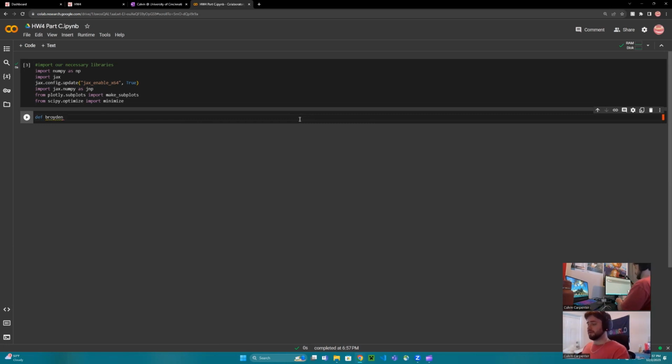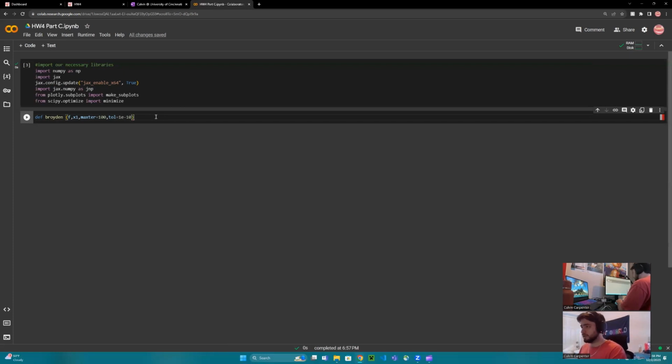Then we're going to define our Broyden function. Comma x1, max iter 100 comma, TOL is equal to 1e minus 10.